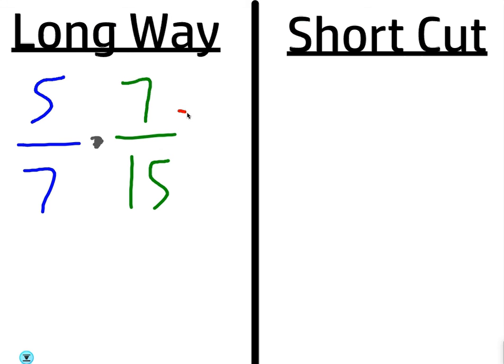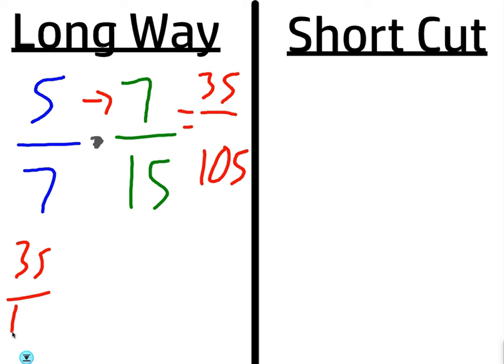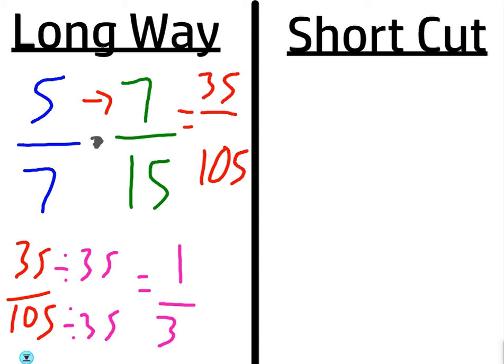Okay, so the long way, we'd have to do 5 times 7, which is 35, and then 7 times 15, 105, I think. Right? Yeah. Then we'd have to take the 35 and the 105 and reduce by dividing the top and bottom by 35. And we'd get 1 over 3. 35 goes into 105 3 times.